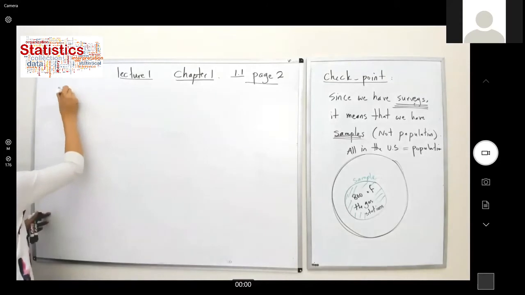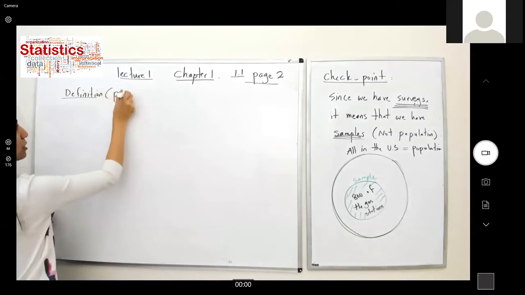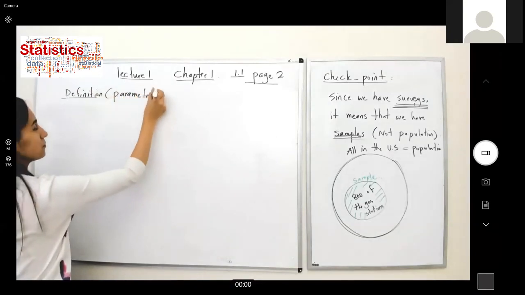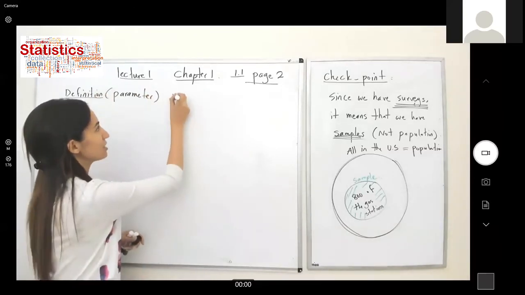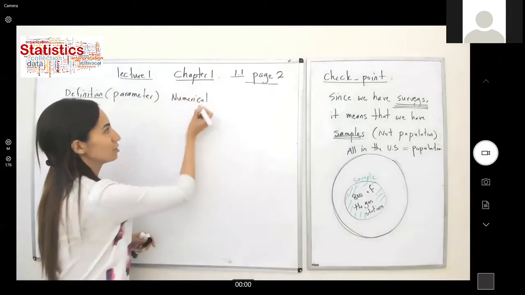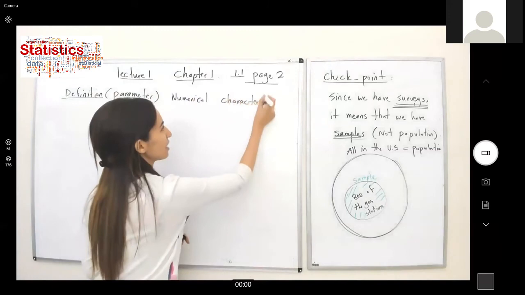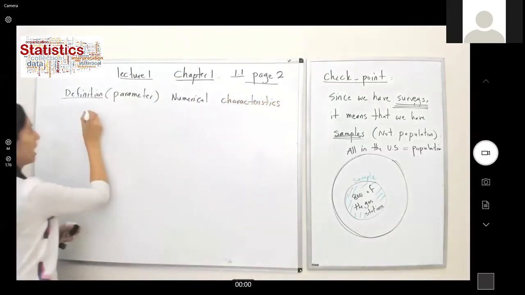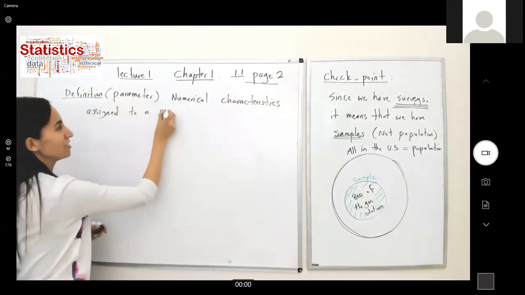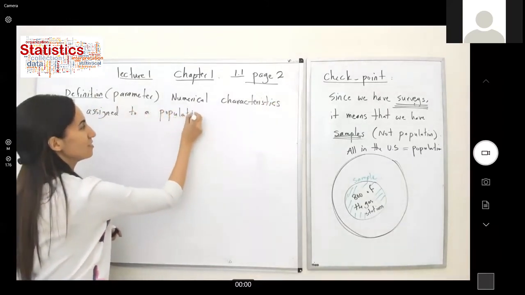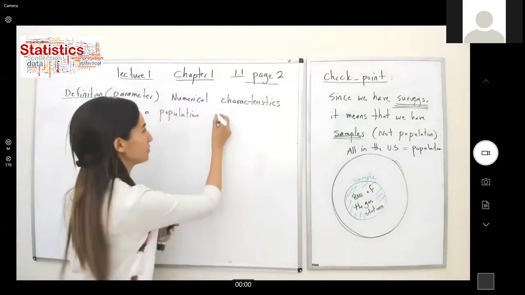So the definition of a parameter: numerical values or characteristics assigned to a population are called parameters of that population.